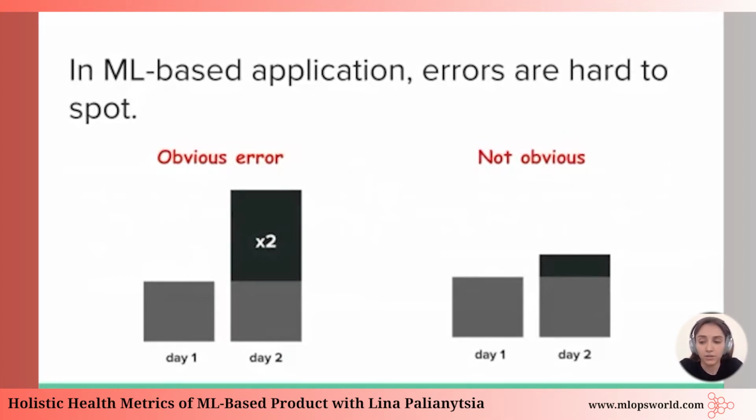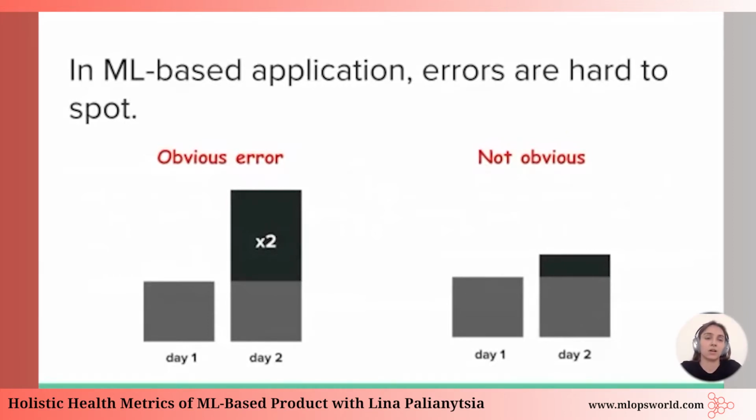And I talk specifically about the type of error where your application runs smoothly, as there are no exceptions that are raised, but still you receive wrong results. So the output of your application is wrong. And the reason why it's so hard to catch those errors is because we don't have the right answer. Well, because when we do have the right answer, we don't need a prediction model.